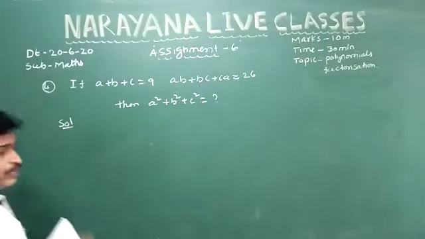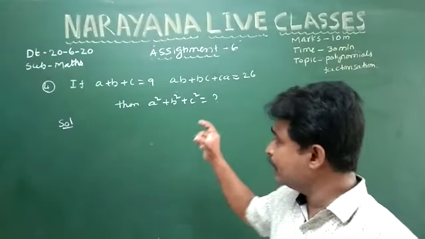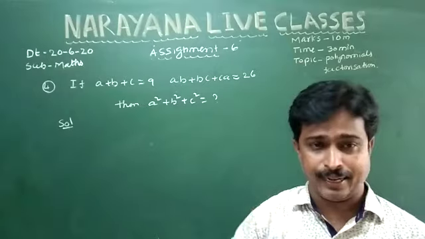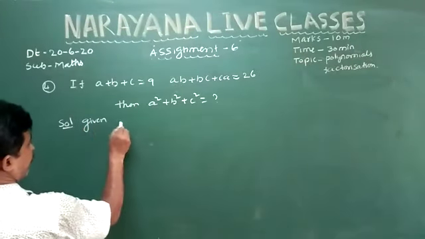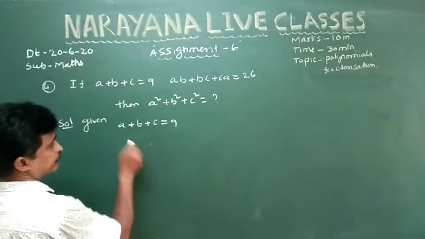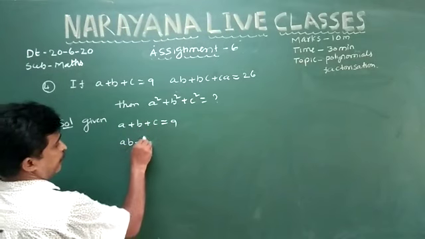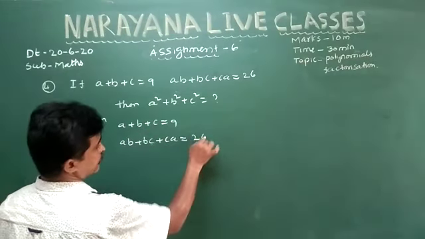Okay, coming to the solution. To do any problem, first write the given data. Given a plus b plus c is equal to 9 and ab plus bc plus ca is equal to 26.